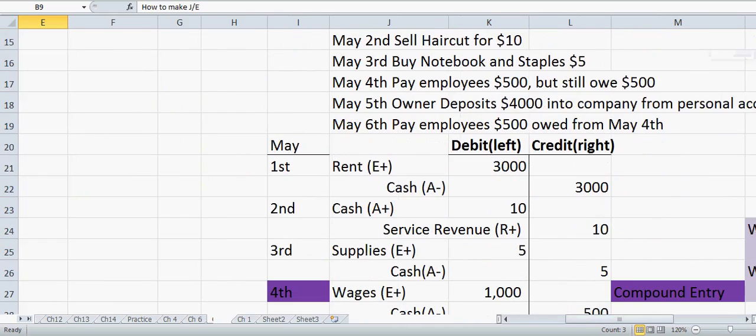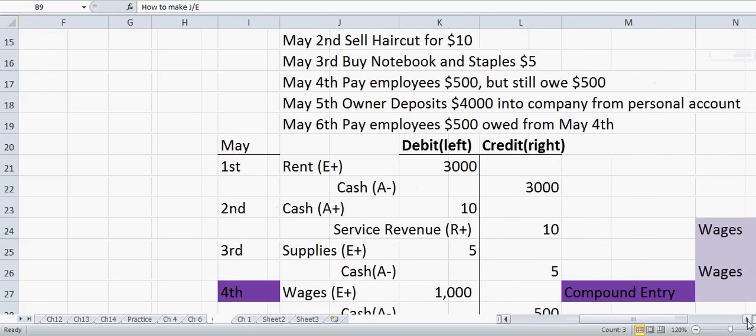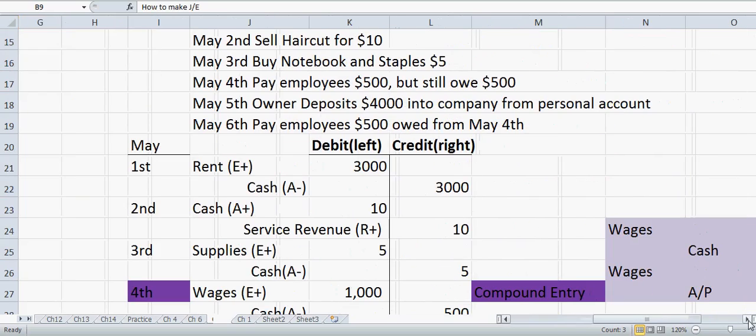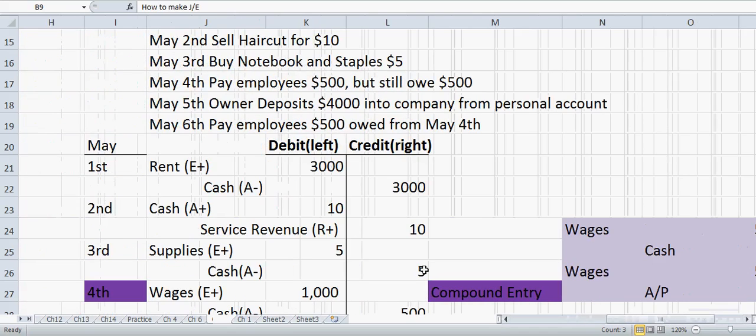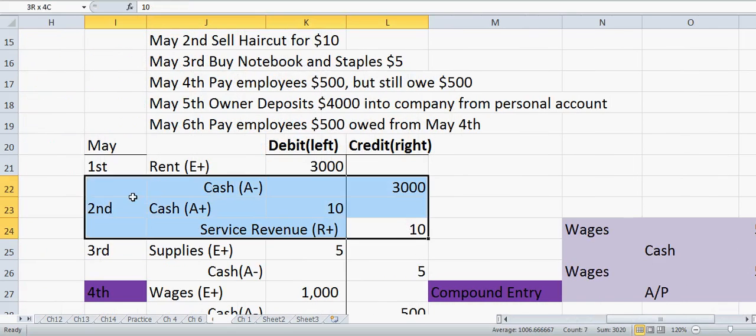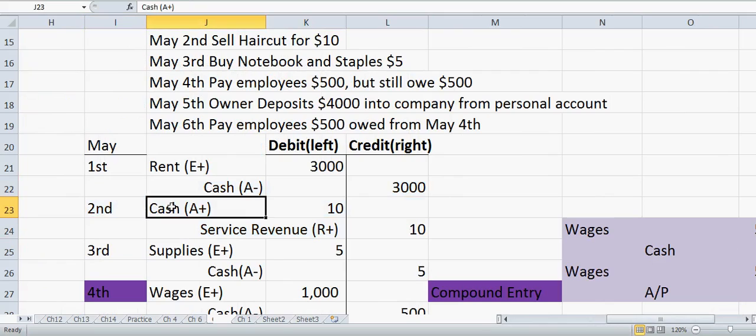So let's go over the next ones. So May 2nd, we sell a haircut for $10. So that's part of our normal business. We're maybe a haircutting salon. So that'll be our service revenue, $10 going up. And cash is also $10 going up. May 3rd, we buy a notebook at Staples. So a notebook is like a paper notebook.